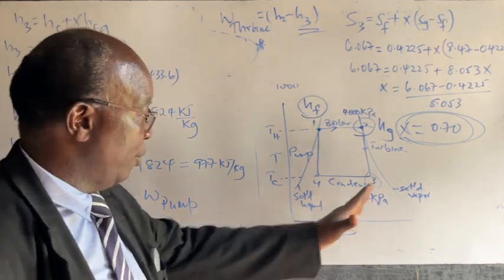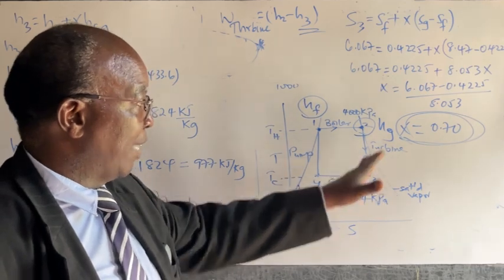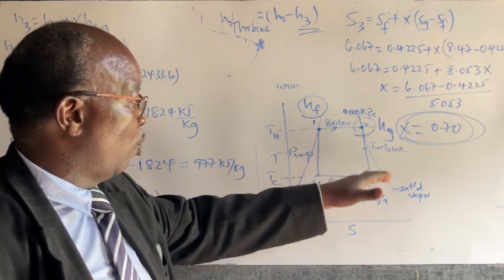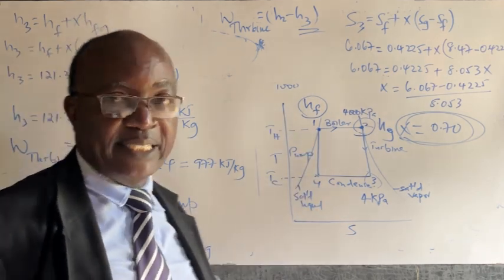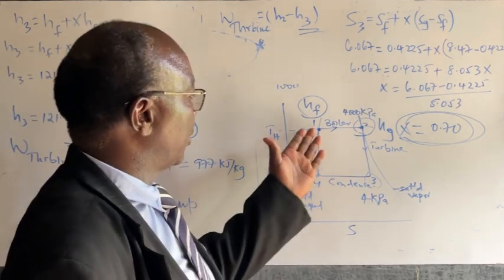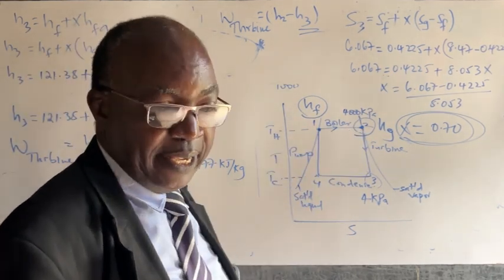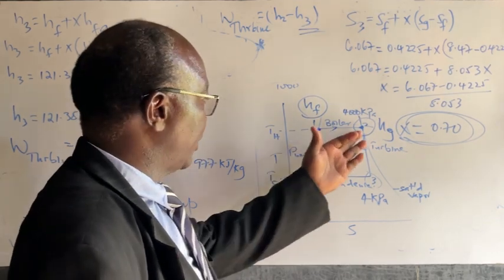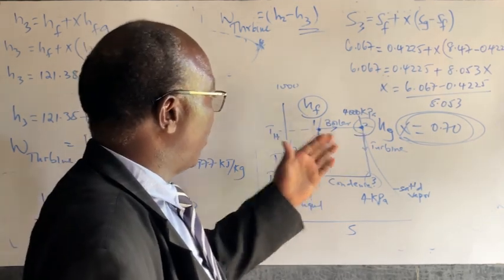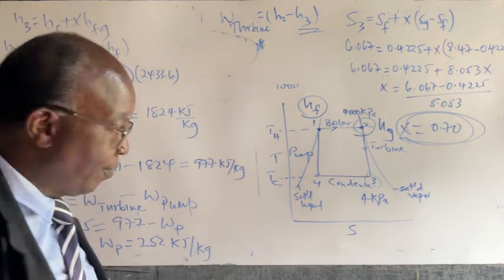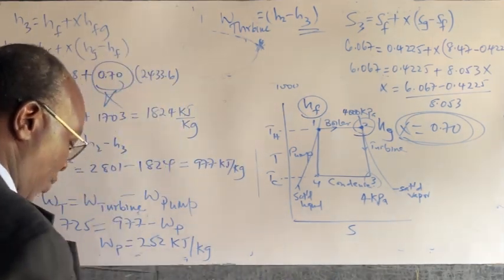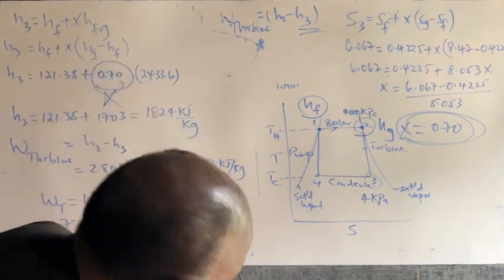Like we have said, you can't get H3 directly, but we know in terms of entropy that for 2 and 3, the entropies are the same, because it's an isentropic process. We know, for example, that temperature of 1 is equal to temperature of 2. So if I know temperature of 1, I know temperature of 2, because that's an isothermal process, and so forth. So one needs to be a bit cautious.